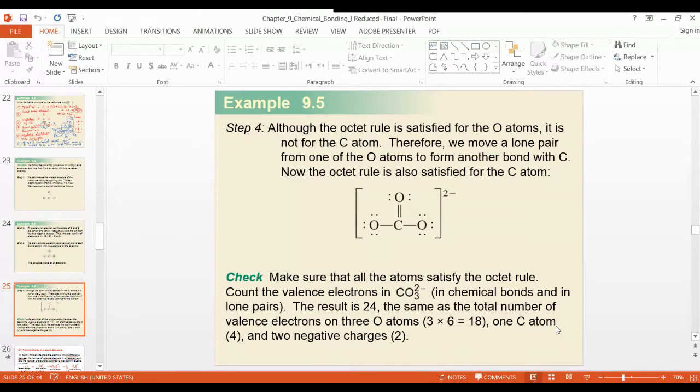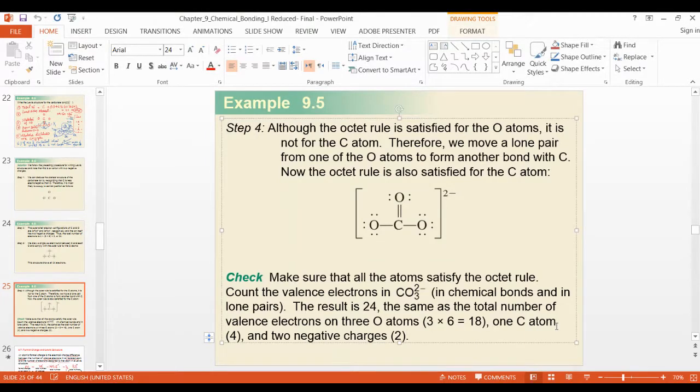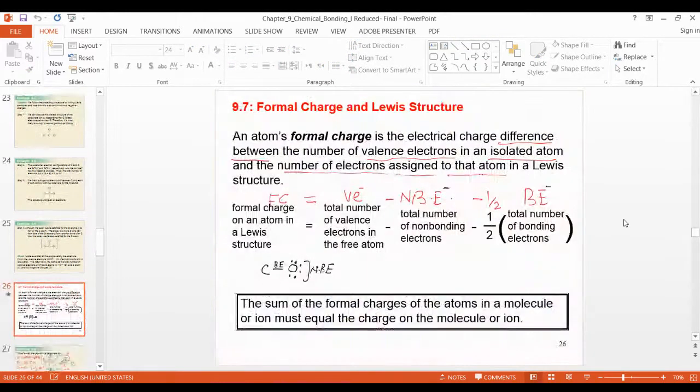How do you determine the formal charge for any compound? In the whole compound, you have to determine the formal charge of each atom, then whatever the charge on the whole molecule is, you have to cancel it.